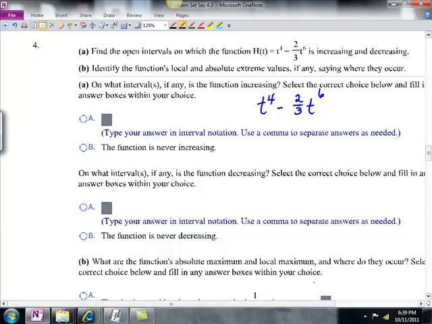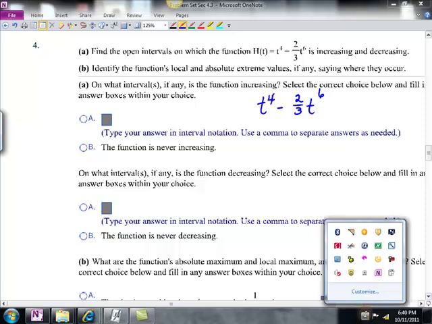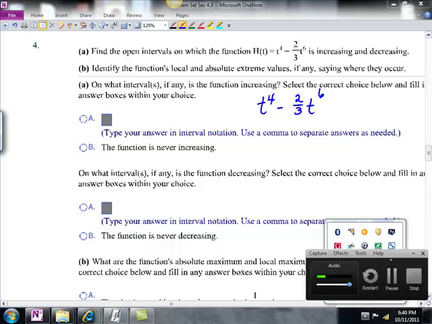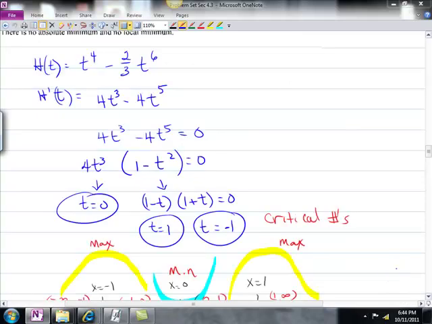And we're not to do this in our calculator. That's not where the work's going to come from. The work's going to come from doing the derivatives.